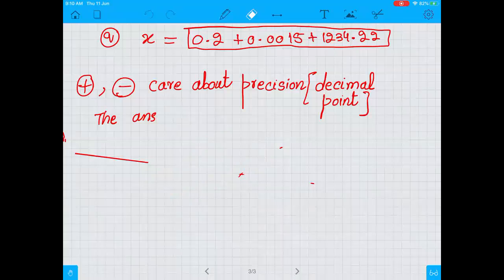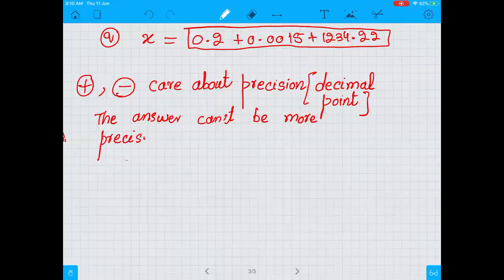Your answer cannot be more precise than the least precise data value.